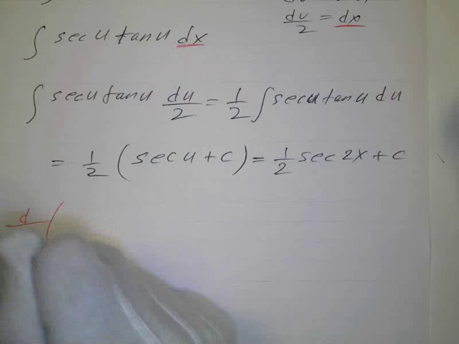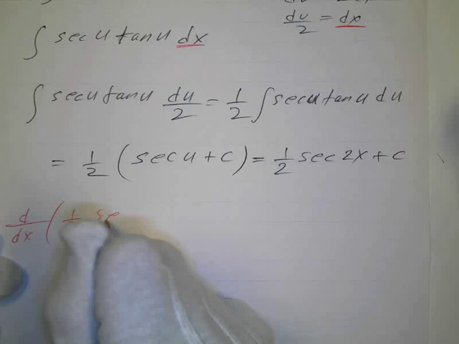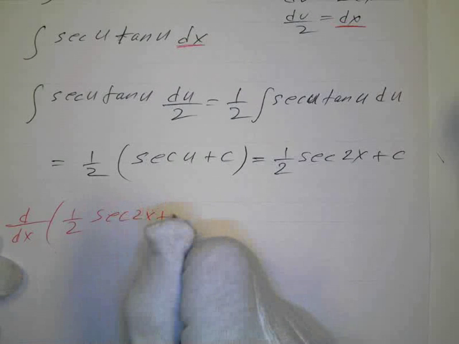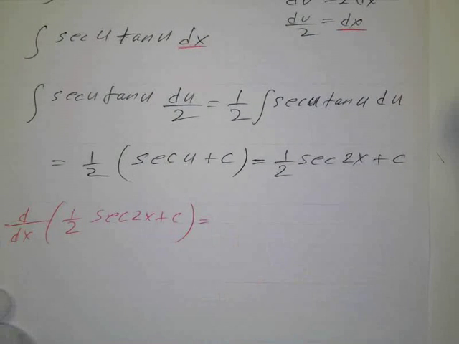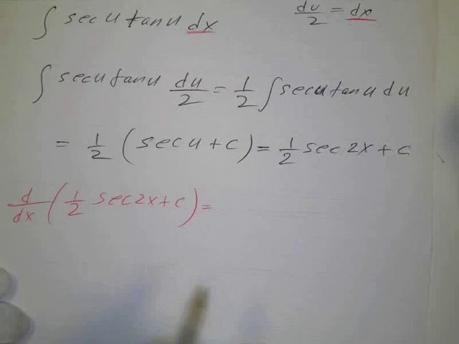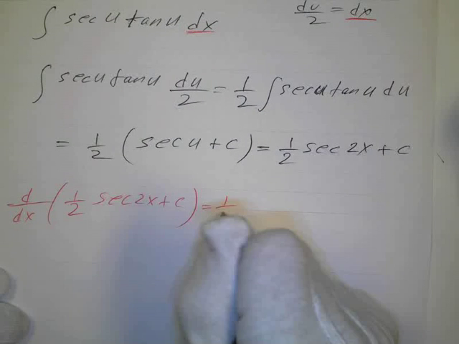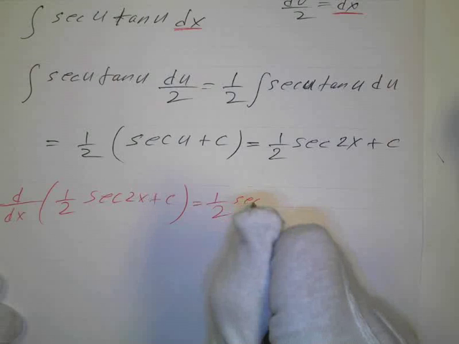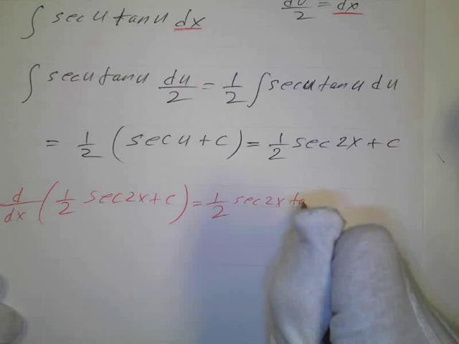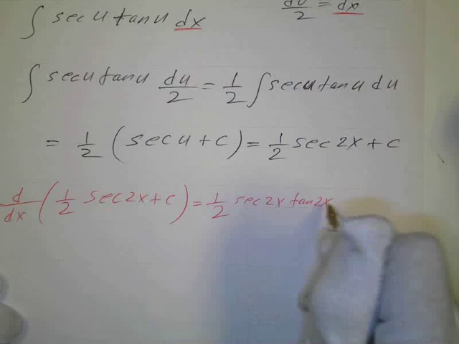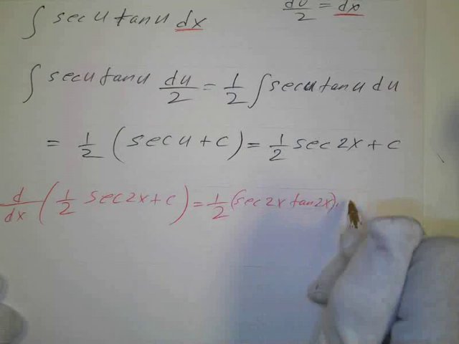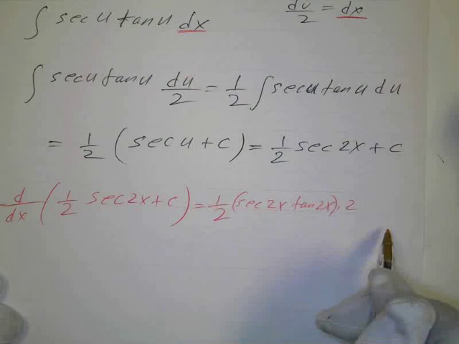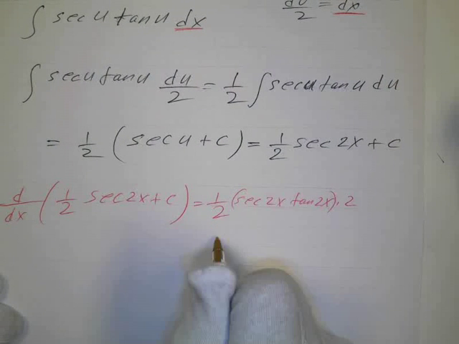So I want to take the derivative with respect to x of 1/2 the secant of 2x plus c, and that's going to be 1/2, and the derivative of the secant is secant 2x tangent 2x times 2, and the derivative of c is 0.